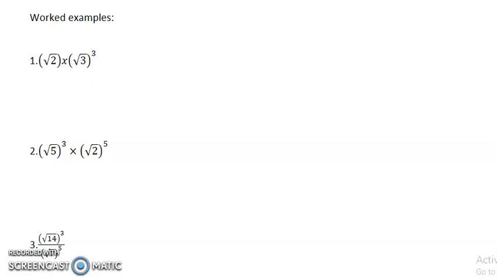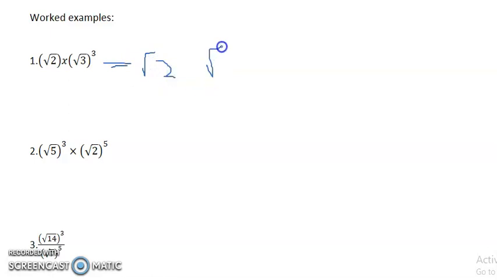So now let's see. Root of 2 multiplying into brackets the root of 3 cubed. Now, how do you solve this? You have to expand everything we have here. And in expanding, we have to know what to do. So now, this is root of 2.